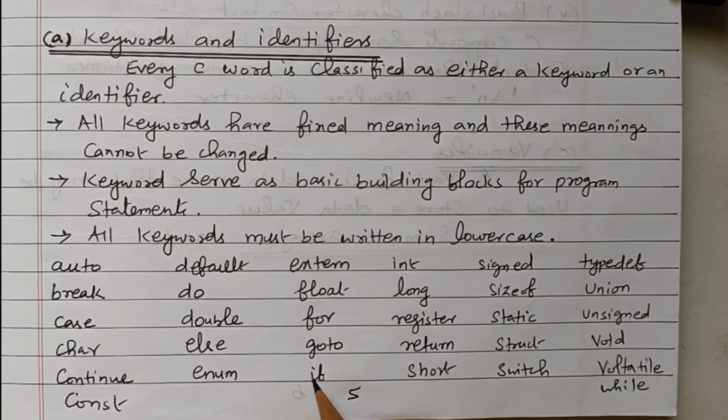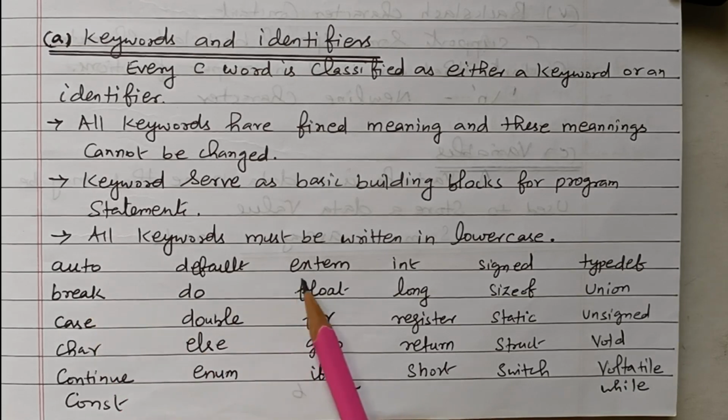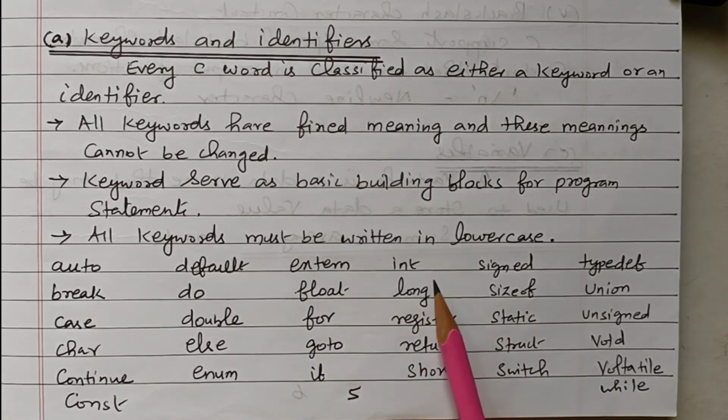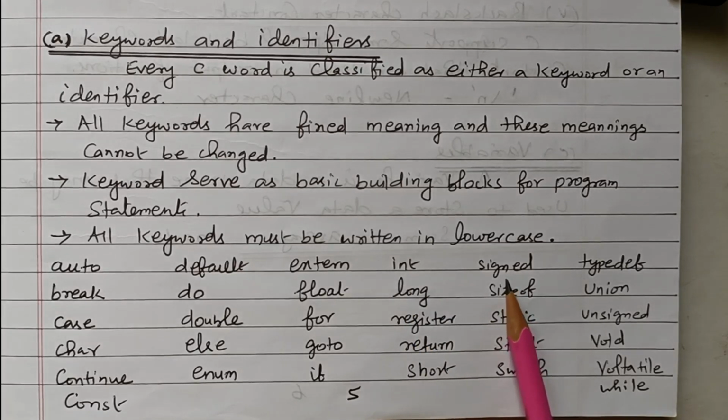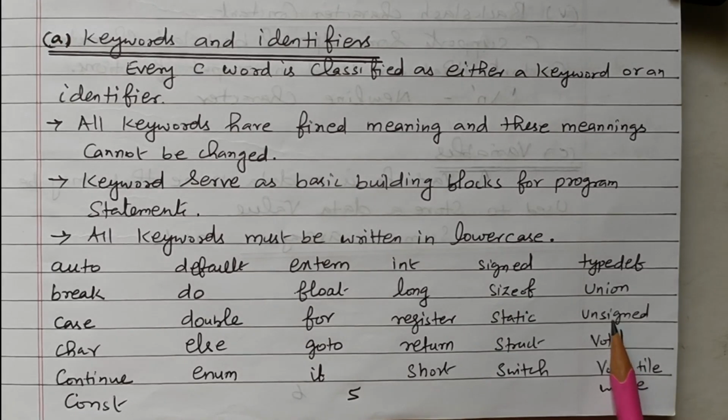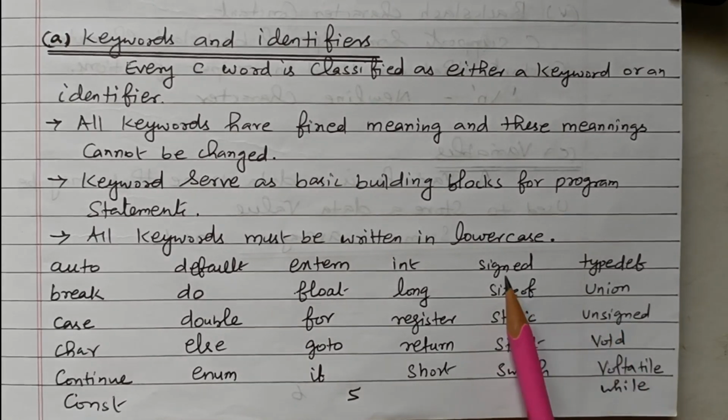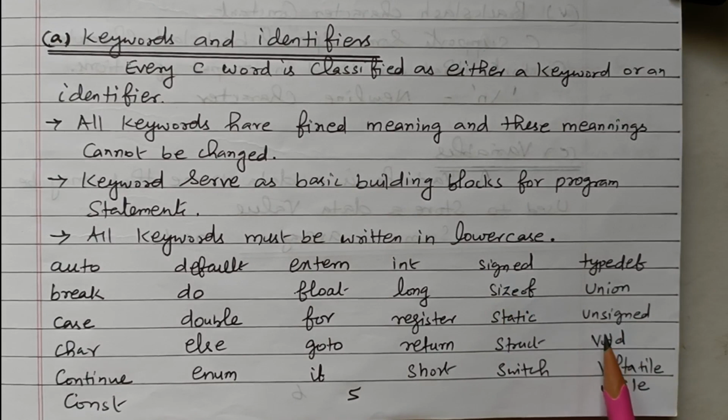These are all the keywords available in C. Every keyword has a specific meaning. The name itself gives the meaning. The meaning cannot be changed, and we cannot use it for any other purpose. For example, signed means a signed integer or signed character, where we are bothered about the sign, whether it is positive or negative.